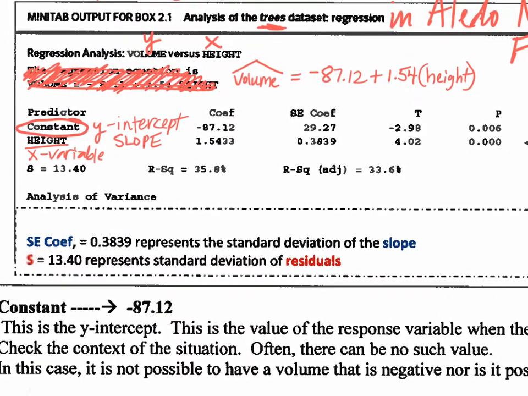First of all, I want to point out to you that we have this information about the y-intercept, and we said that the y-intercept is negative 87.12, but let me tell you something. Because it may not even make sense, because the y-intercept is probably, or could be extrapolation, then we are not interested in its standard deviation or running a test and getting a t-score for the y-intercept.